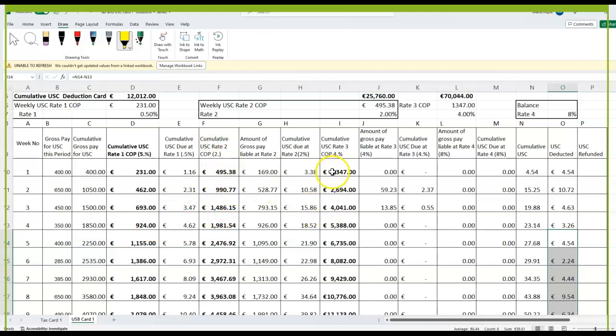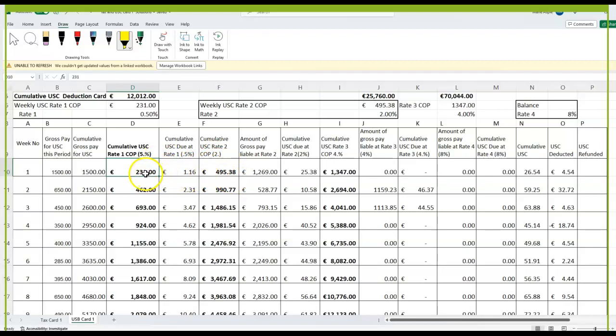Then up to the next cutoff point we apply 4%, and anything greater than that we apply the highest rate of 8%. So let me take a high rate first. Let's put in €1,500 as our gross income. Up to 231, we're applying 0.5%. Does the income exceed the second cutoff? Yes, it does.